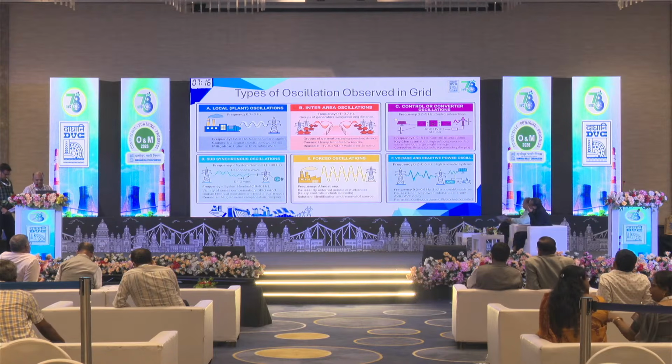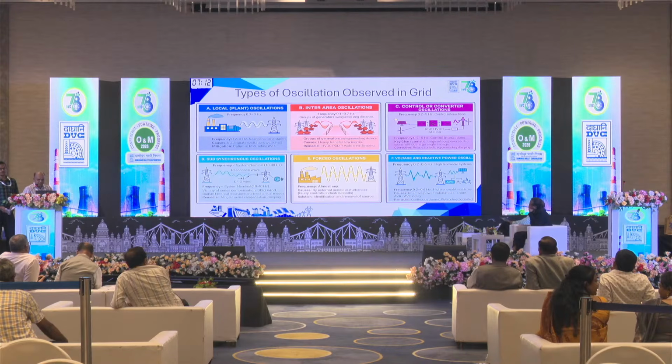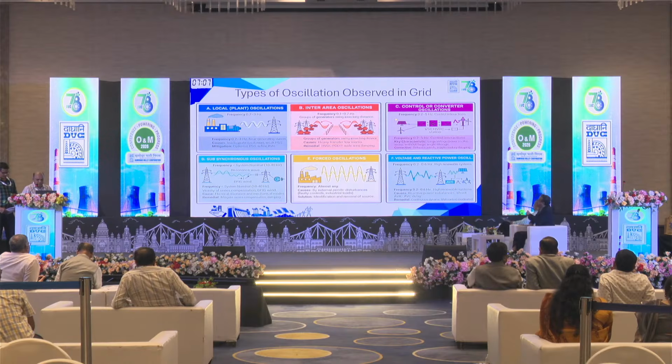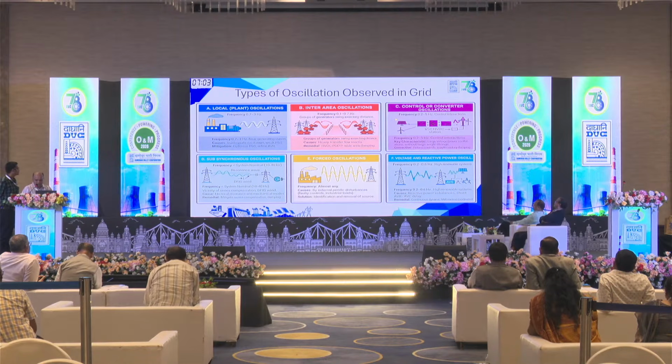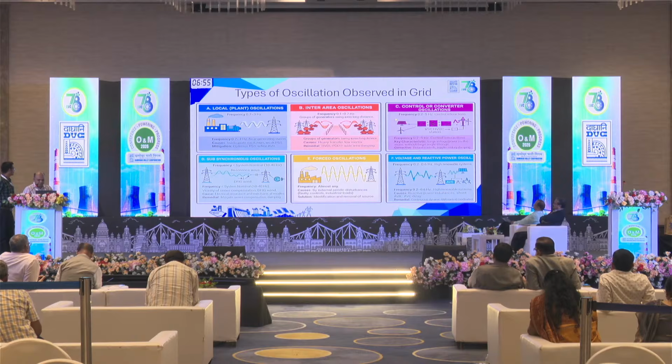Another is inter-area oscillation, which occurs between groups of generators separated by long transmission distances. Another is converter and control oscillation, increasingly common in renewable-rich systems due to the interaction among HVDC links, converters, and weak grids.